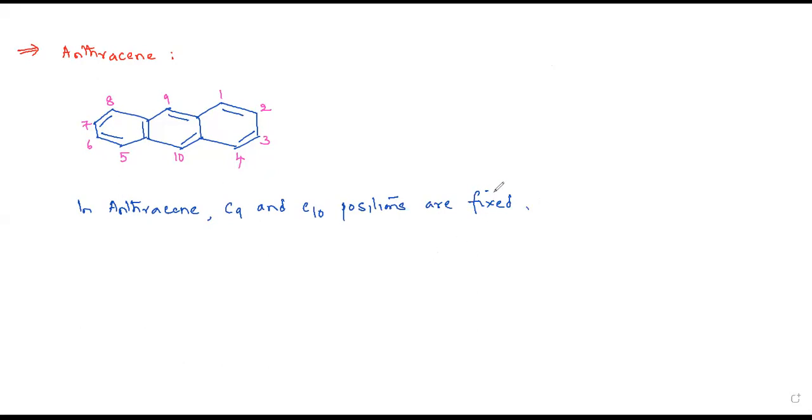In all the resonance structures, remember, the C9 and C10 positions are fixed. Therefore, anthracene preferably reacts across C9 and C10. Okay, that is about anthracene.